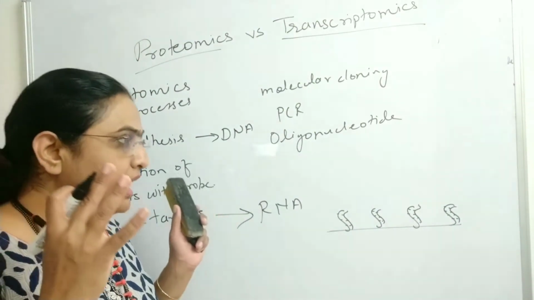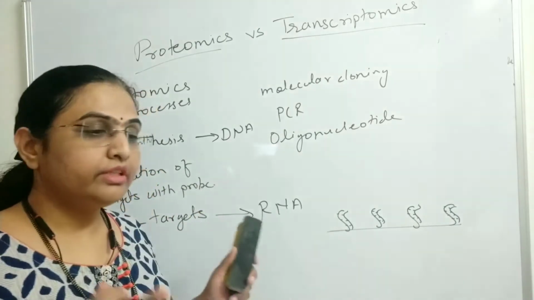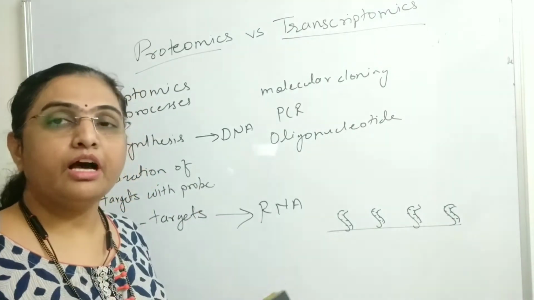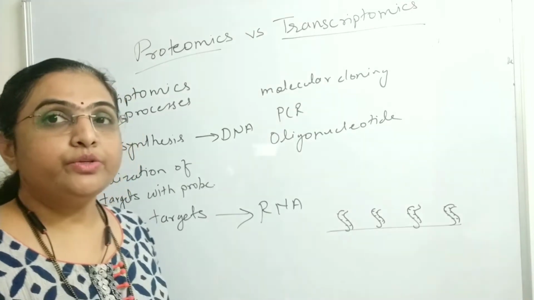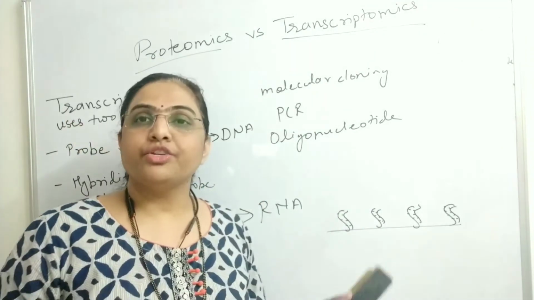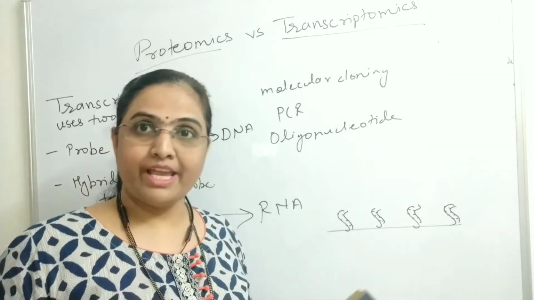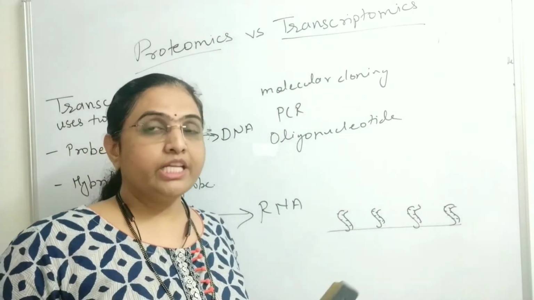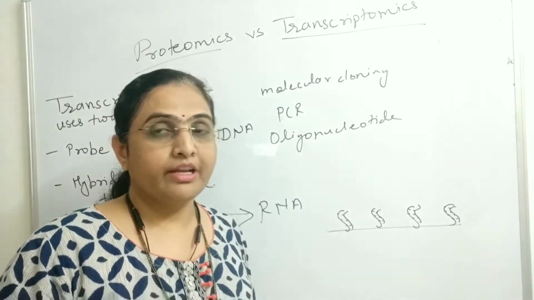Those thousands of targets hybridize at a time, and for this to happen the reaction conditions are going to be the same, and the kinetics are going to be the same.